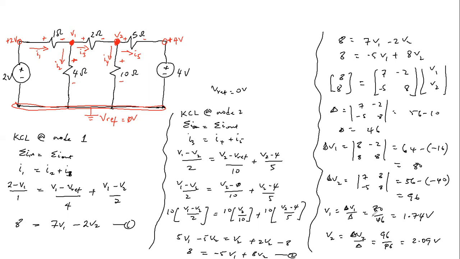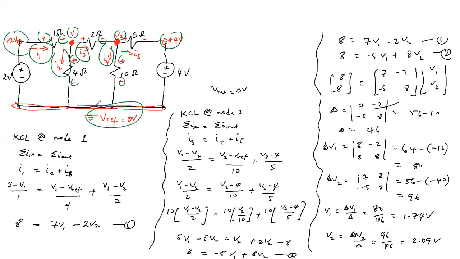You could also use the elimination or substitution methods to resolve the two equations, but we should get the same answers. It's that simple. The most important point is these markers. You must ensure you follow through on them, because once you get these points wrong, everything may go wrong. That's all for nodal analysis.